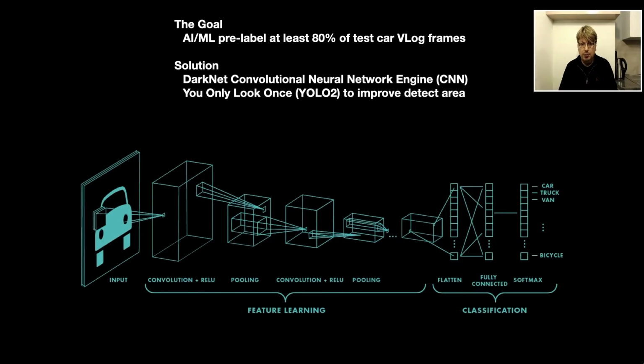Now, below you can see not the YOLO model, but how we previously detected objects from input to classification, right? So you have deep learning in place, and you have an indicator of a small place on the picture, some square, and you want to classify this square as a car, truck, or van. That was called R-CNN.